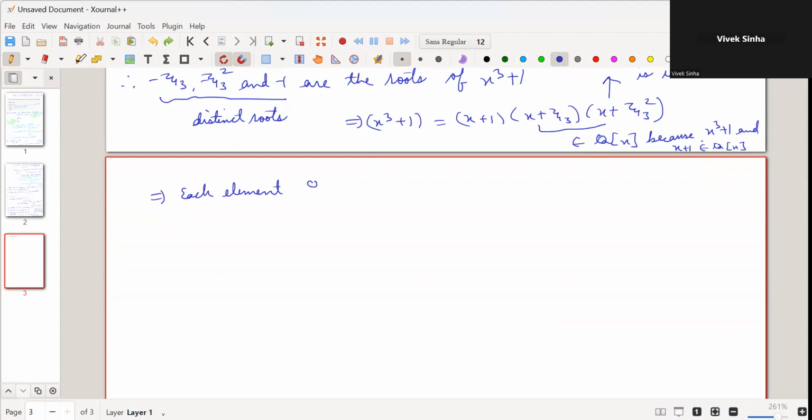Clear? Now let's move to the next question. So I hope this is clear. If there is doubt, then you can ask. Otherwise, we can move to the next part, which is Q(xi 7).